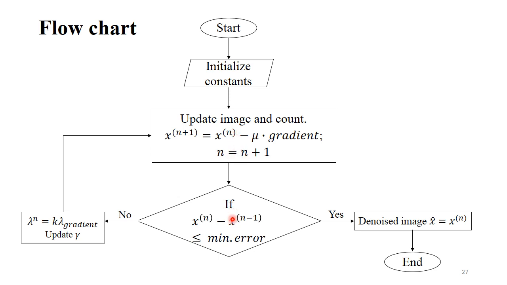Then we calculate the difference between the nth image and the n-1th image. If the difference is less than the expected minimum error, then the process is completed, and x of n itself is the final image. Otherwise, keep updating the constants and these values and keep iterating until we reach this minimum error value.